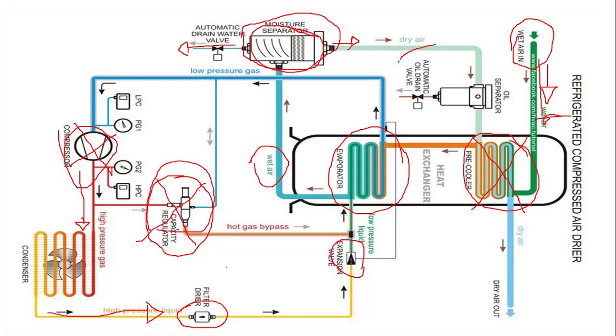We have here the oil separator. The oil separator separates the oil from the air. This oil comes into the system when the air compressor pumps the air to the system, and this oil can accumulate in the system.